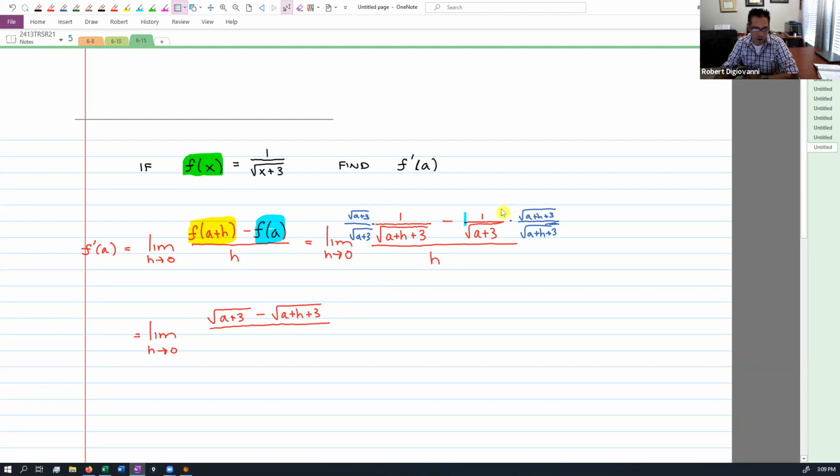So it's just putting the numerators together. That's over my common denominator, which is the square root of a plus 3 times the square root of a plus h plus 3. That's the common denominator that we created, and all of that is over h.